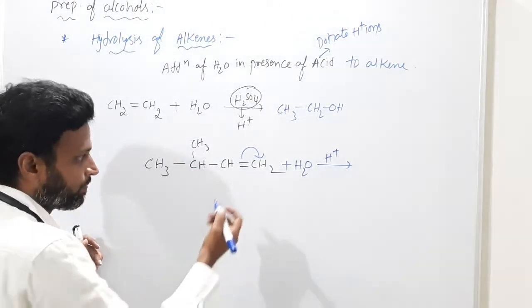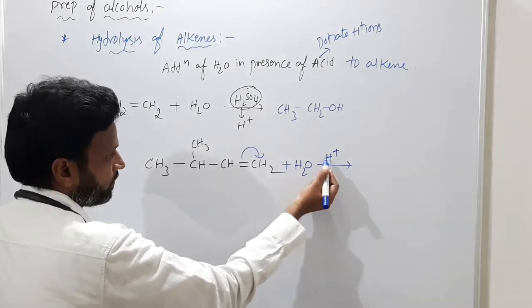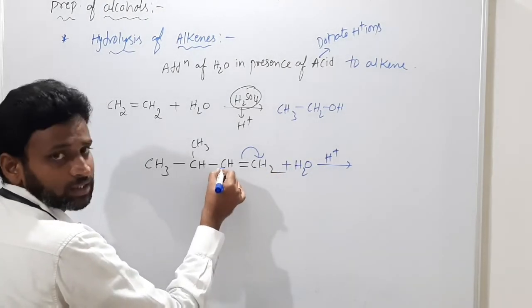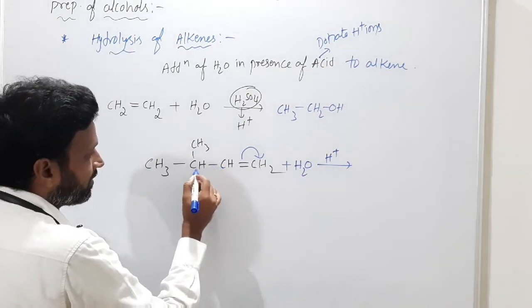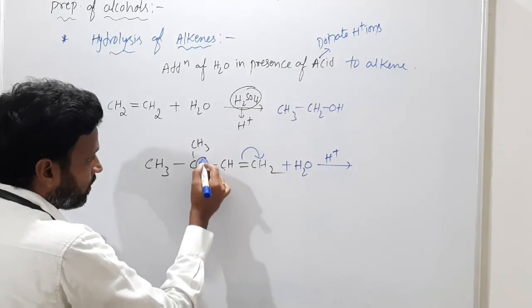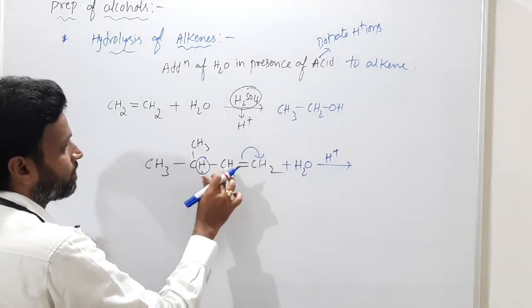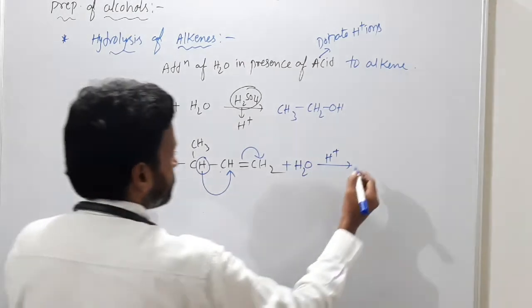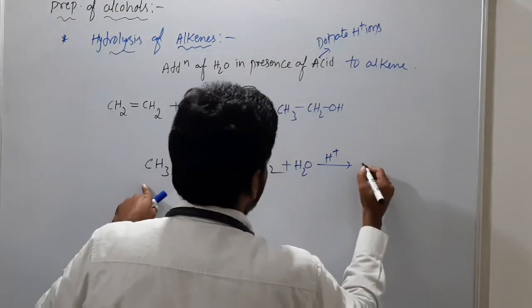You are following what I am saying? It migrates over here. This H plus will add here. So the positive charge is on this carbon, and here the positive charge is secondary. So hydride shift happens here. So OH will come over here. Do you remember that? So what will be the product here finally?